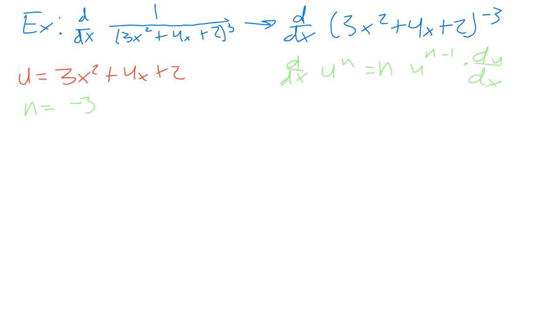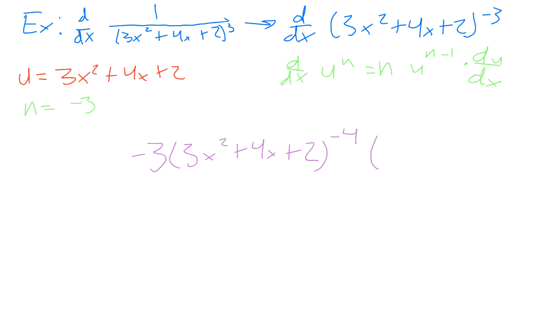All right, so we have our n, which is negative 3, which we can pull out in front. We have our u to the n minus 1, so we can keep that 3x squared plus 4x plus 2, negative 3 minus 1 is going to be negative 4.